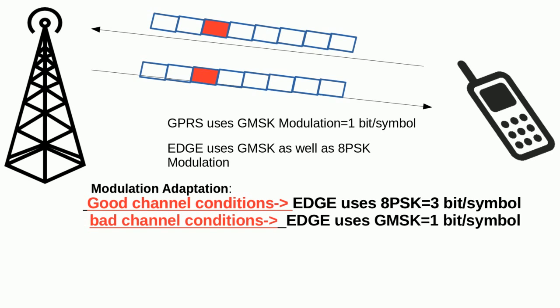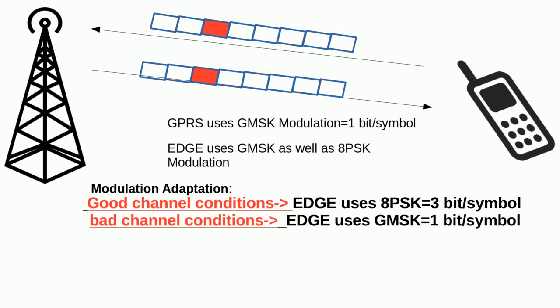Now, as the mobile station moves away from the base station, its channel condition would naturally degrade because the power it is receiving from its own base station would decrease, and the interference from the neighboring base stations would increase. So in that case, if we use 8 PSK, then there would be more bit errors.